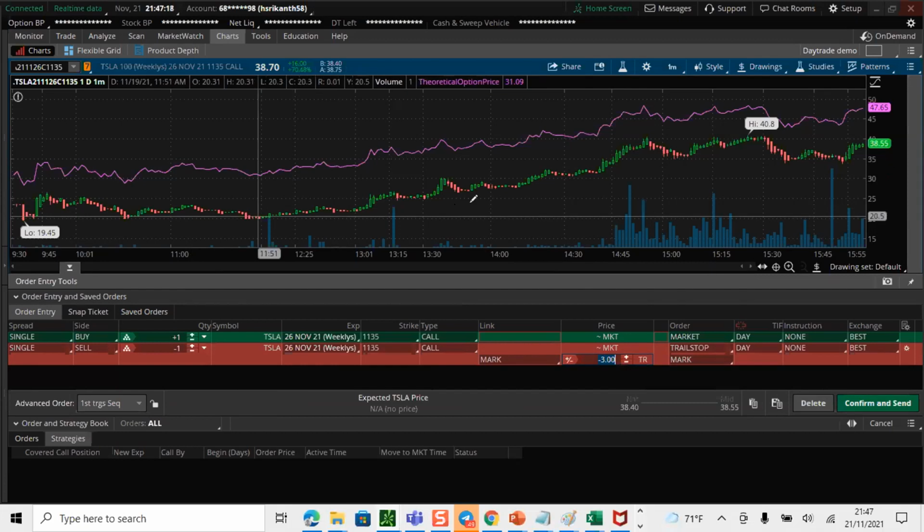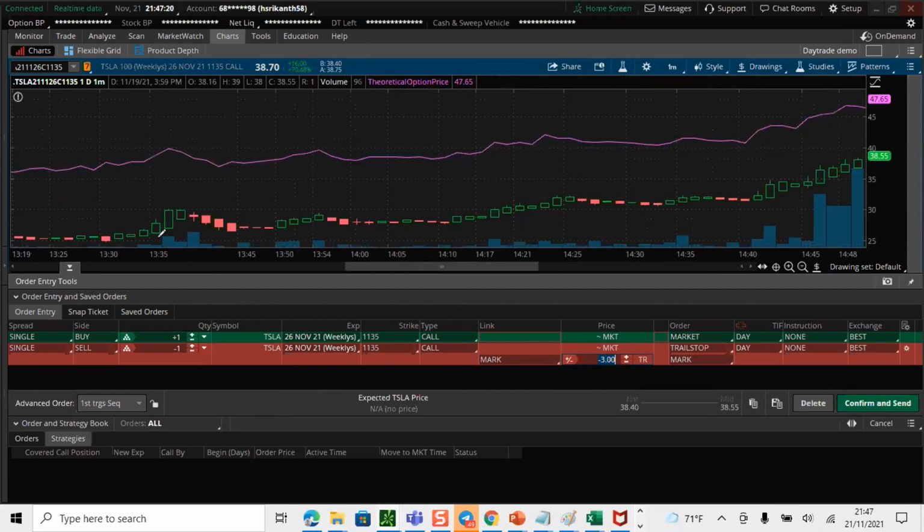Let's imagine this scenario: it's 26.47, it goes up to 29.93, and then what if it drops by more than $300? You'll be selling it.